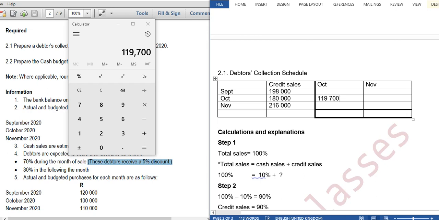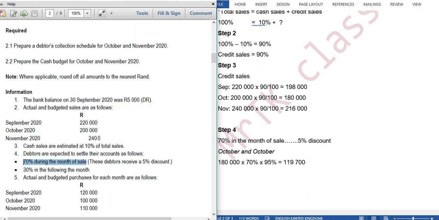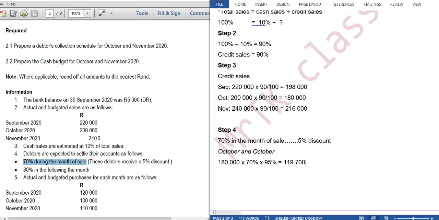November and November. Okay, let us go to November and November, because we want to deal with this instruction of the same month until we are done with it. Okay, so under November and November, this is easy. How are we going to do it?